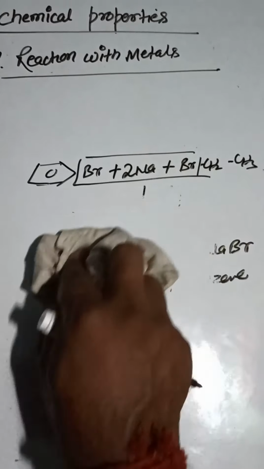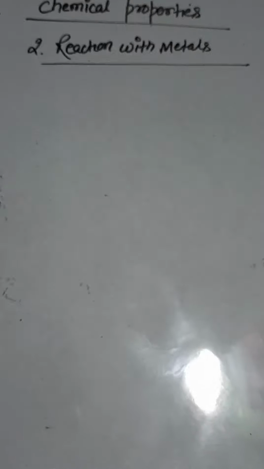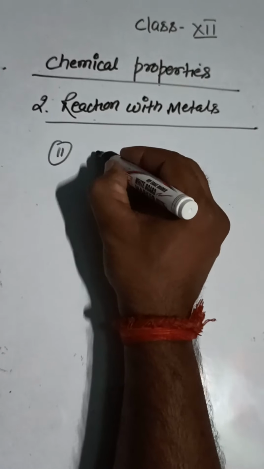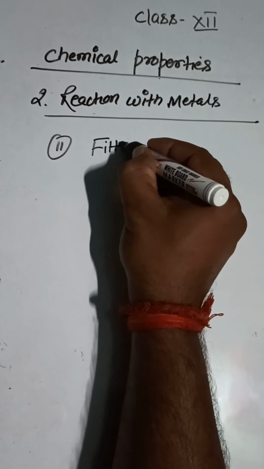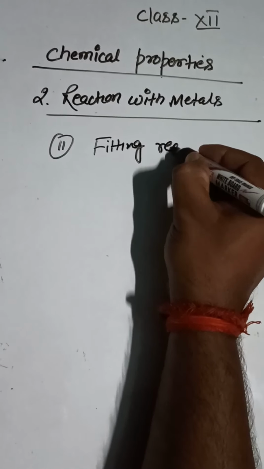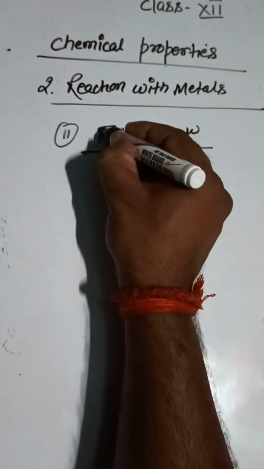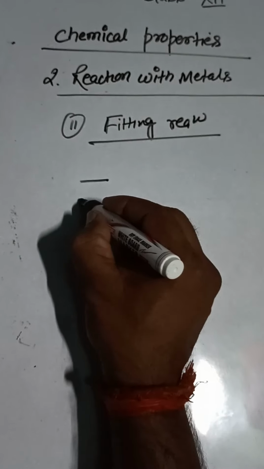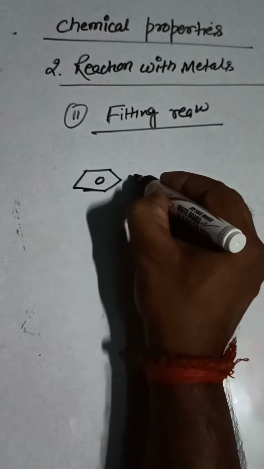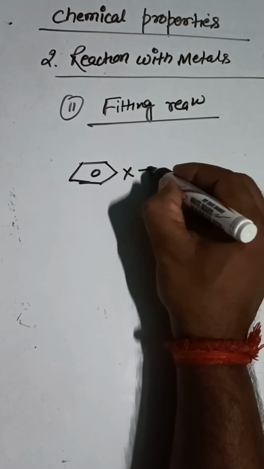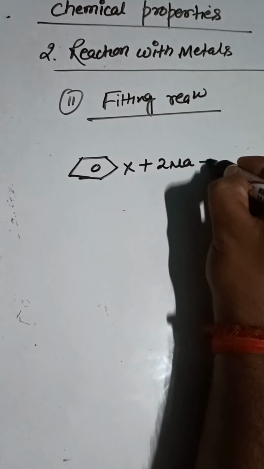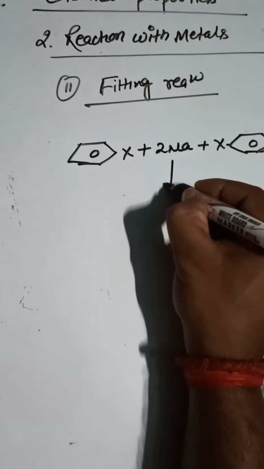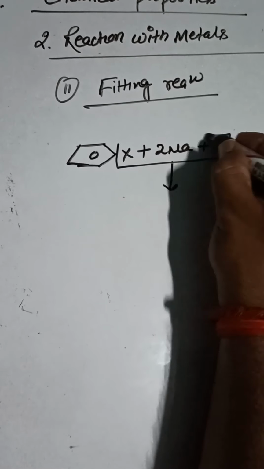Now I am going to explain the second reaction of this category, the Fittig reaction. What about the Fittig reaction? In the case of the Fittig reaction, when 2 moles of haloarenes are treated with sodium metal in the presence of dry ether, then what will happen?